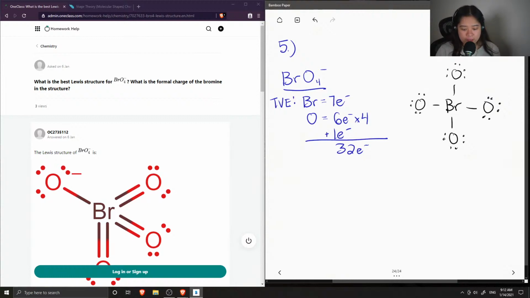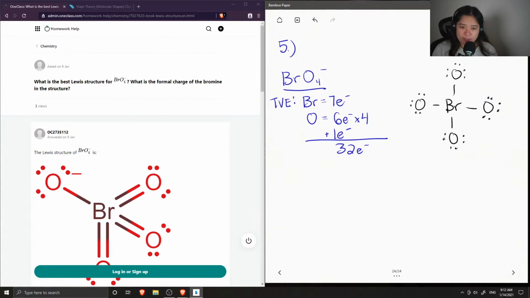Okay, so right now, everything looks like it has a full octet, but if we were to calculate the formal charge of each of these atoms, then you'll notice that each of the single bonded oxygens will have a -1 charge.